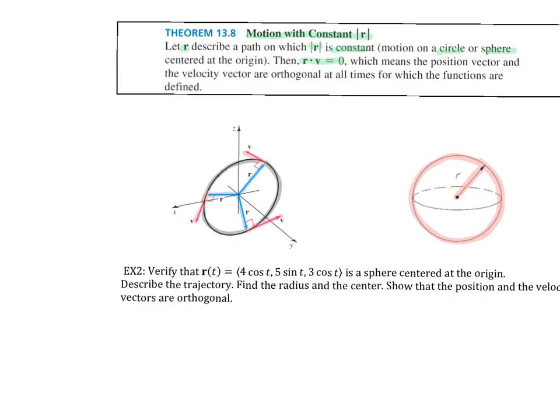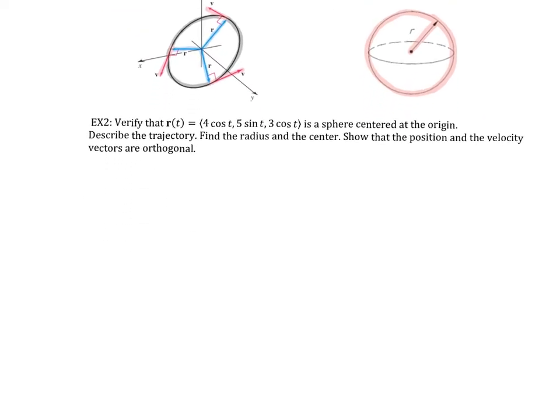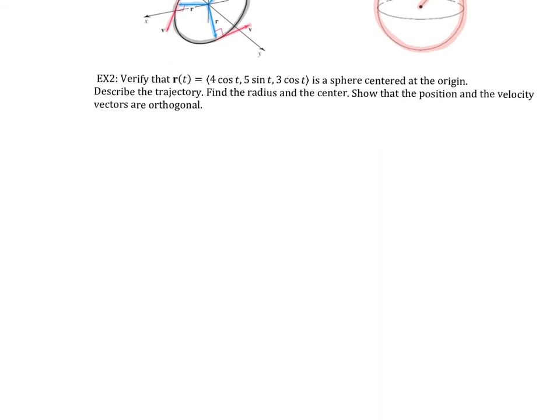In example 2, we're going to verify that the trajectory r of t equal to 4 cosine t, 5 sine t, and 3 cosine t, is a sphere centered at the origin. And we're going to describe our trajectory.